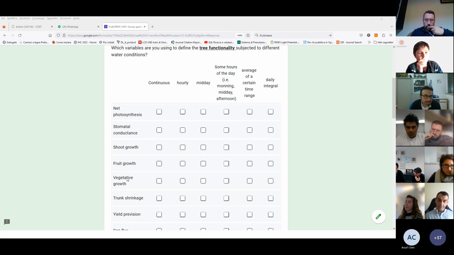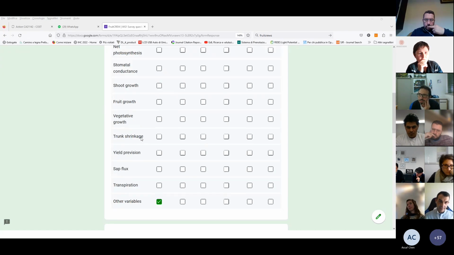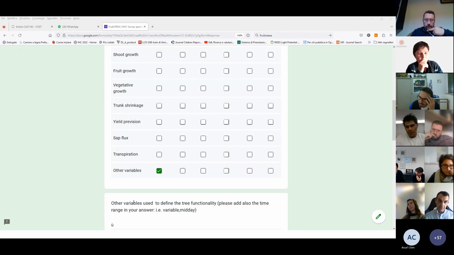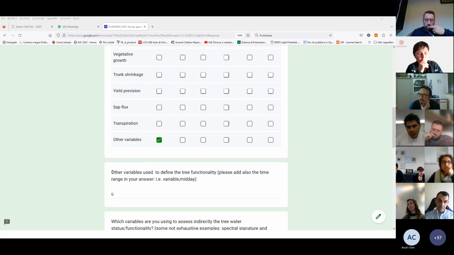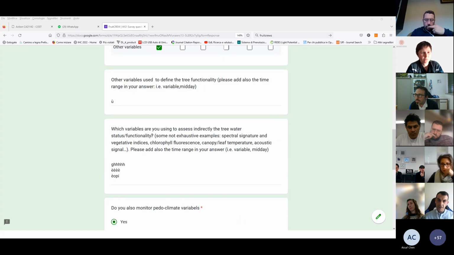The list is not exhaustive: net photosynthesis, stomatal conductance, shoot growth, fruit growth, vegetative growth, trunk shrinkage, yield prevision, sap flux, transpiration, or other variables. And also in this case, for other variables, please specify the variable and also the time range.